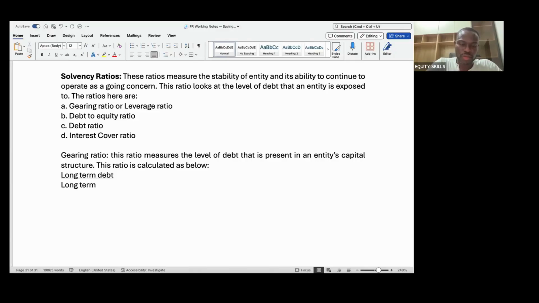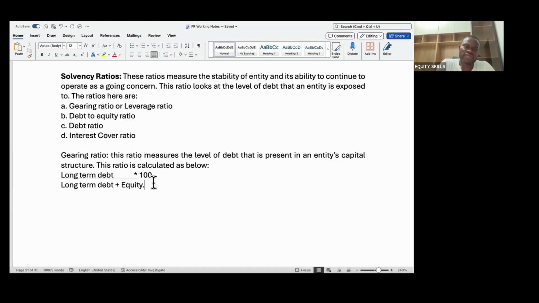So, long-term debts all over long-term debts plus your equity, times 100/1. If it is too high, it's not good.